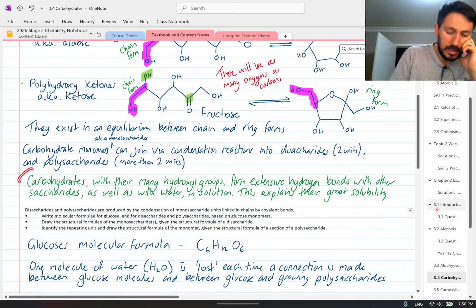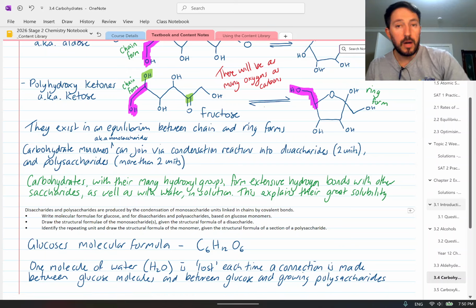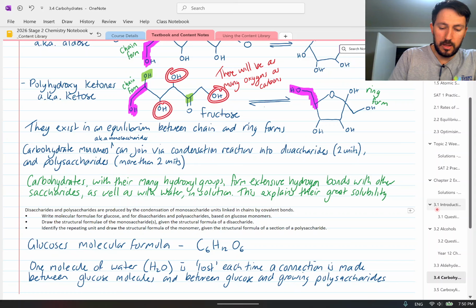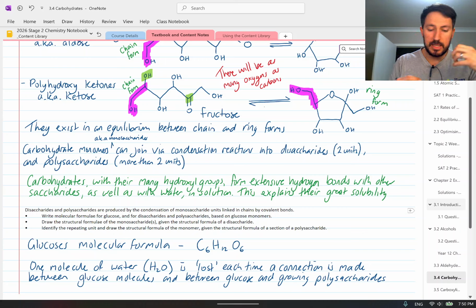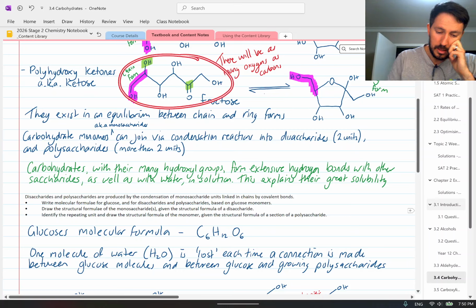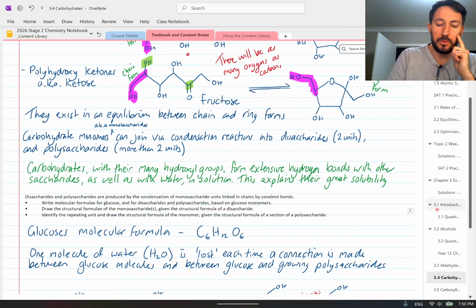Now, the last piece of information that we're going to cover in this part is that carbohydrates are soluble in water, and the reason for that is due to their extensive hydroxyl groups. These hydroxyl groups can take part in hydrogen bonding with water molecules, and what that means is if you put a molecule such as this fructose and surround it with water, the water will be happy to hydrogen bond.